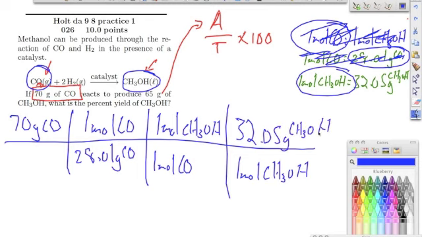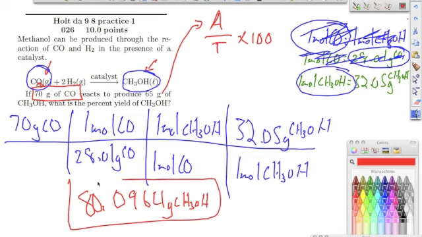We work this out, and we would get a theoretical yield of right around 80.0964 grams of our methanol. So now we have our theoretical.